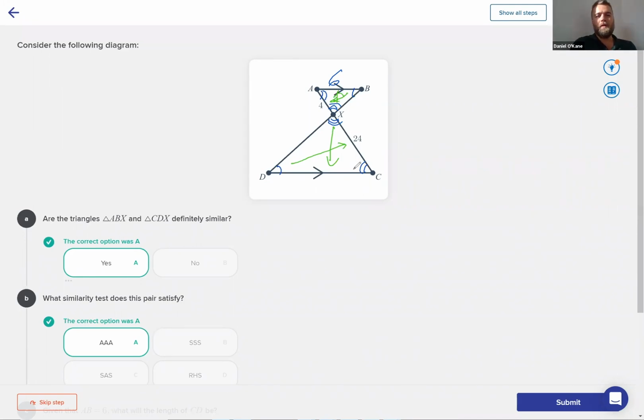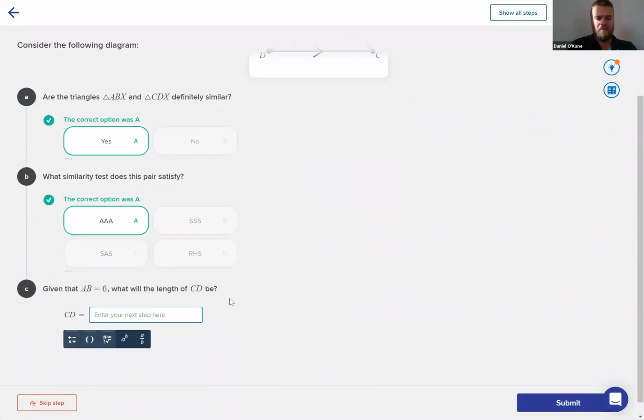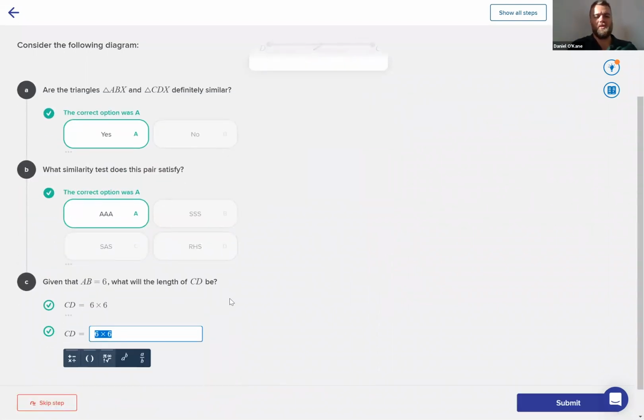So you can use that scale factor: 4 times k is equal to 24, sorry, not 64, 24. That means the scale factor must be 6. Then we can multiply AB by 6 to create length CD. So the answer is going to be 6 times 6, which is 36. So we can write that in. 6 times 6 is 36.